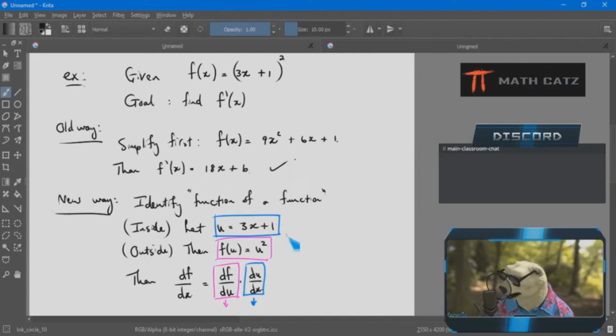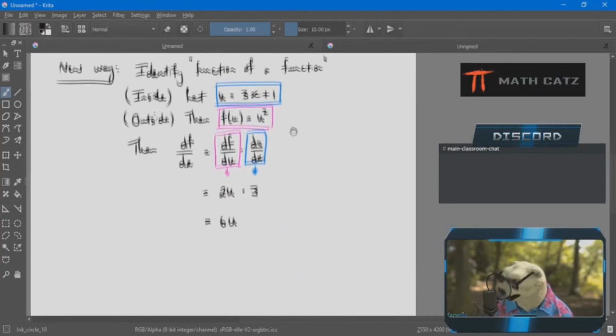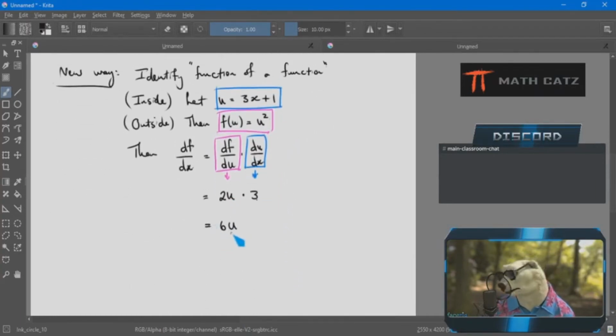So the u being the choice that I make to find this derivative, I can't leave my answer in terms of u. That's not the original variable. I have to write it back to the original variable, but that's not a big deal because this u is over here and it is the same as 3x plus 1. So I simply substitute what u represents in terms of x, and then I'm done.